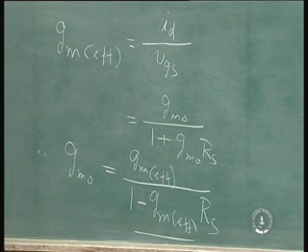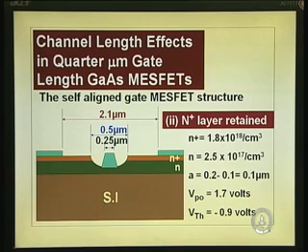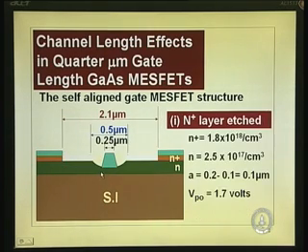Now, going back to the diagram, the RS can be measured by applying a voltage between the drain and the source and measuring the voltage drop between this point and this point. In fact, it is better seen in the previous diagram. Apply a small voltage between the drain and the source.